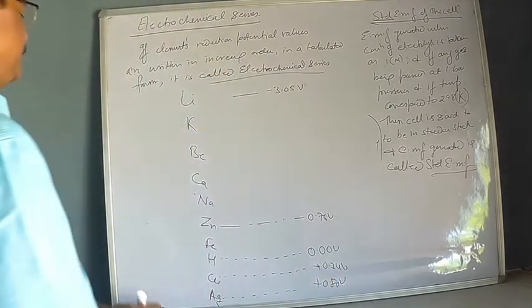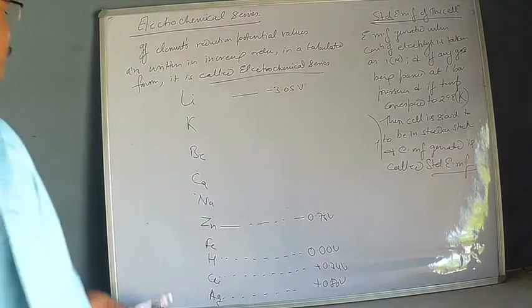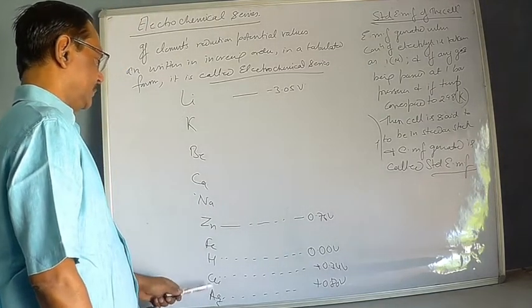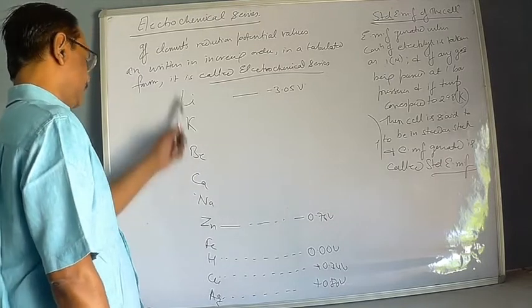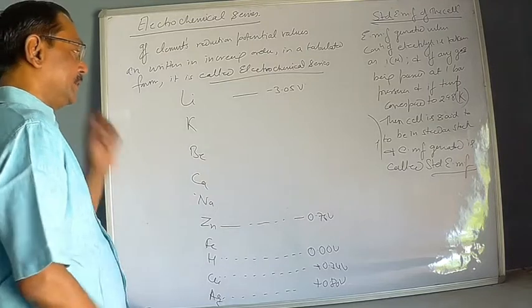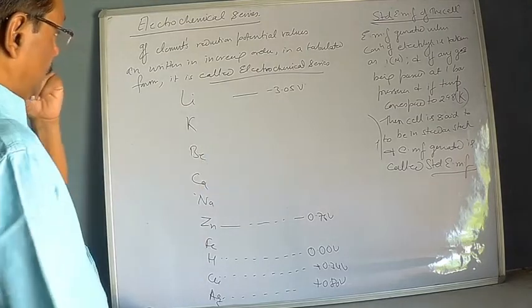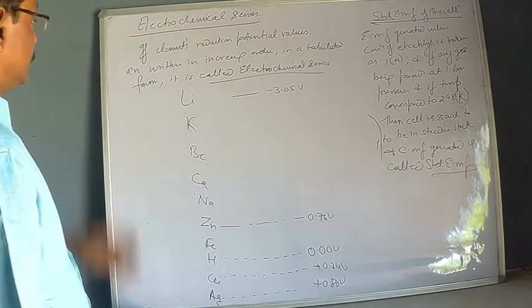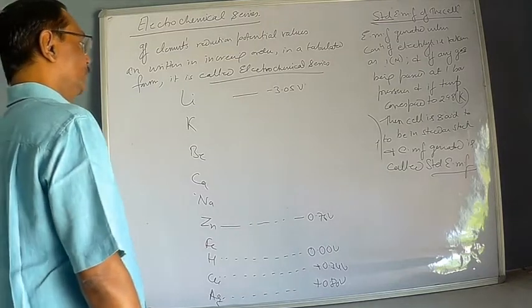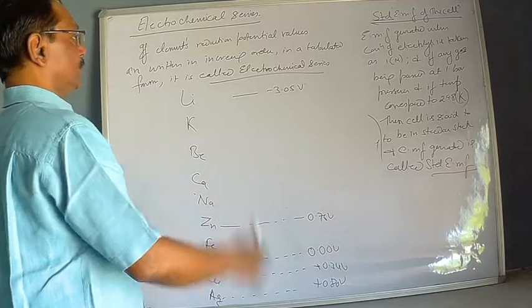How to remember? Zinc, iron, hydrogen, copper, silver. You can very well revise it. If you remember this series, I think you remember most of the things of the electrochemical series. So now we'll be going on to the applications of electrochemical series.